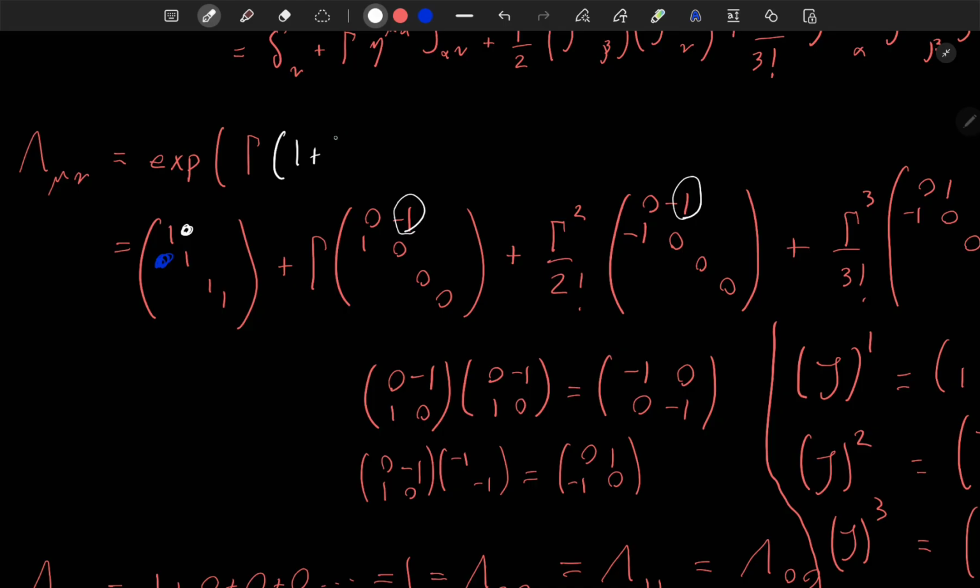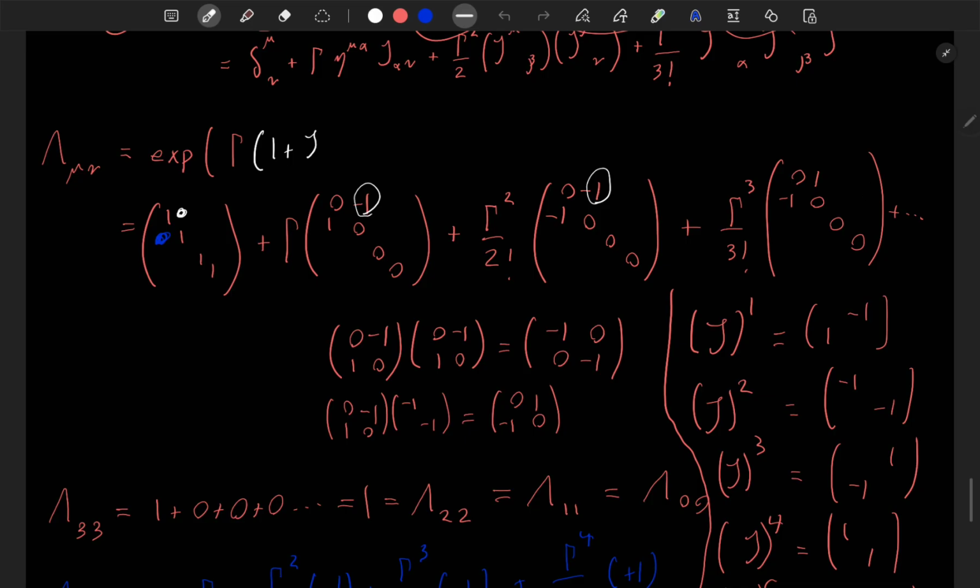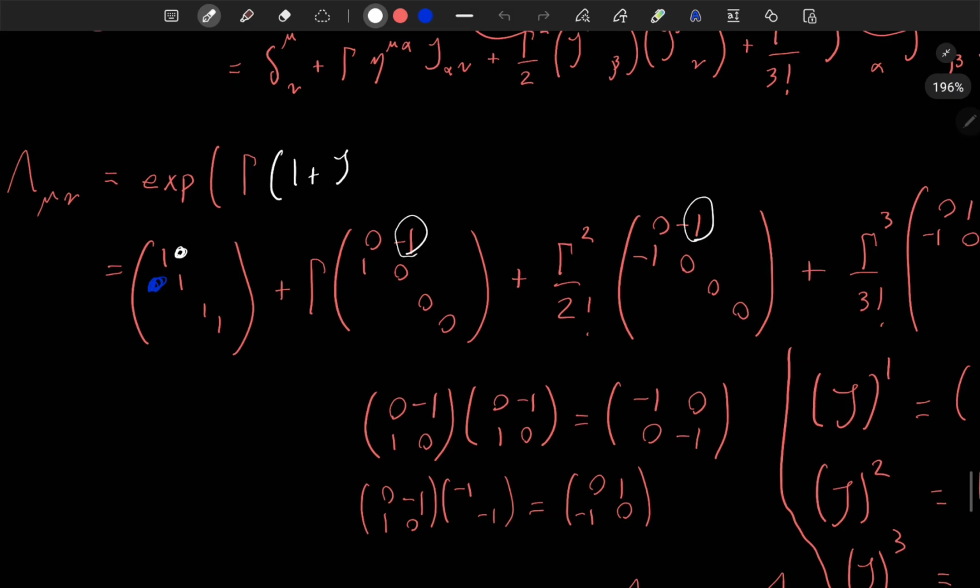Or actually, let's call it 1 plus generator. I took a pause to look at my notes from previous notes, and yeah, I'm about right.